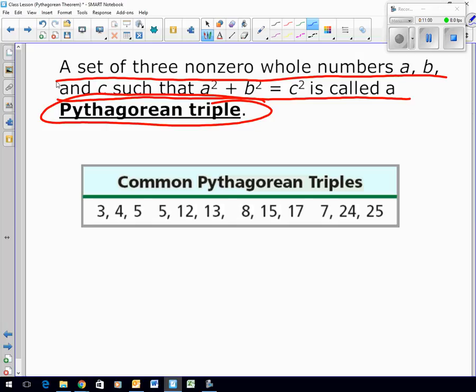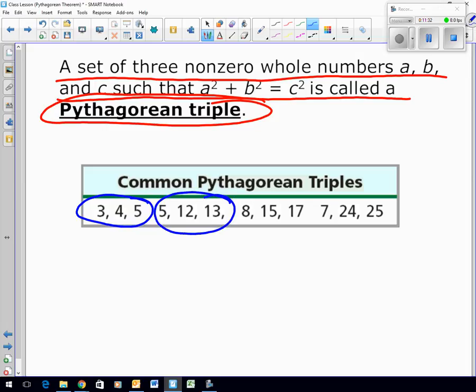In this case, if I used 3, 4, and 5 for a, b, and c, I would get 3 squared plus 4 squared equals 5 squared. 3 squared is 9, 4 squared is 16, 5 squared is 25. 9 plus 16 equals 25, so that's why we call it a Pythagorean triple. They are non-zero whole numbers that satisfy the Pythagorean theorem.